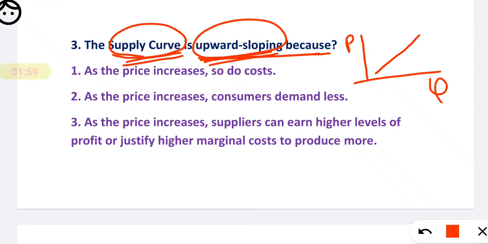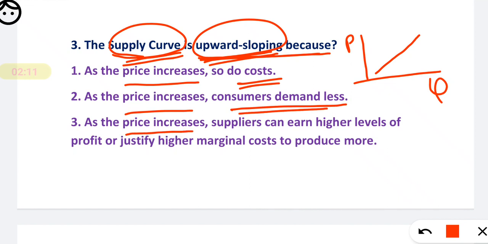But now they are asking why. First option, as the price increases the cost also increases. Second, the price increases so consumers demand less. Third, the price increases so the supplier can earn a higher level of profit or justify the higher marginal cost to produce more.